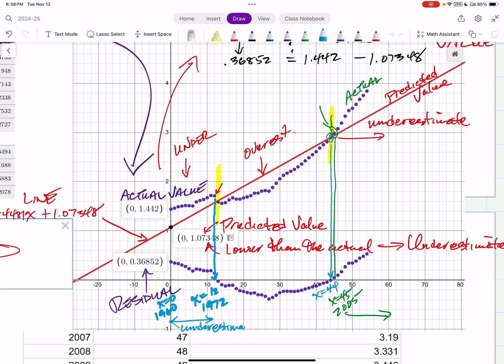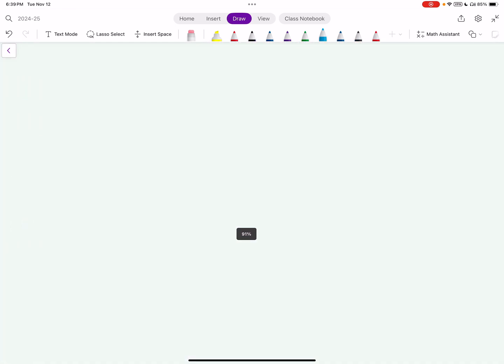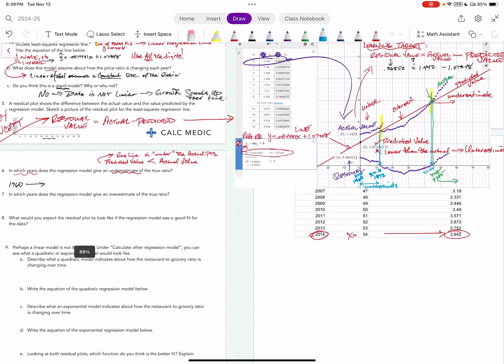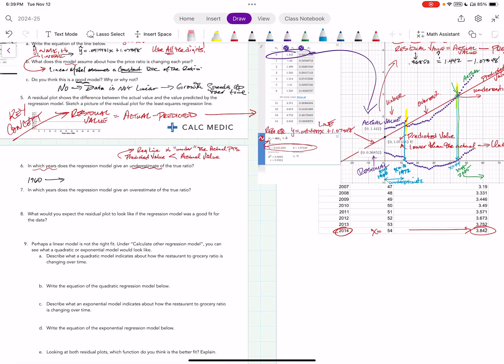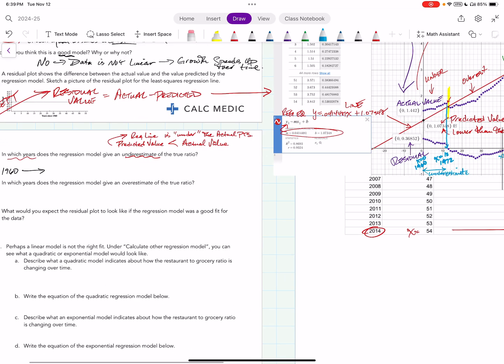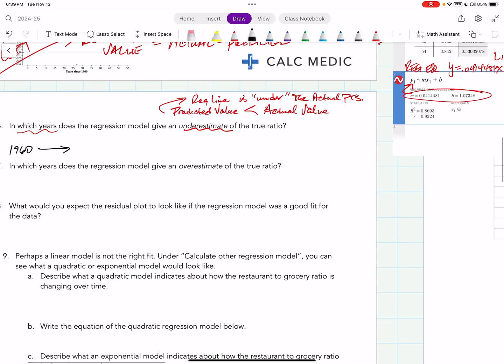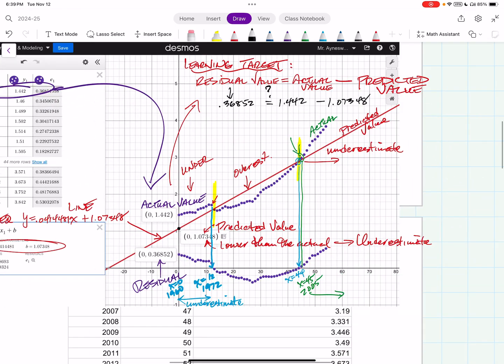Okay, so let's take these answers and let's bring them over. So what did I just say? From 1960 to 1972, that's our first interval, from x equals 0 to x equals 12. All right, and we have another interval. So let's go back to the graph here.